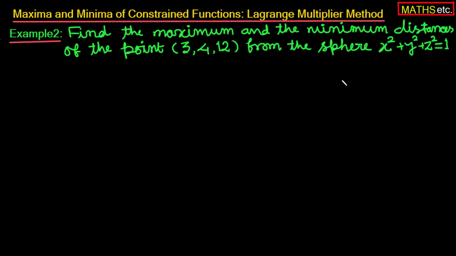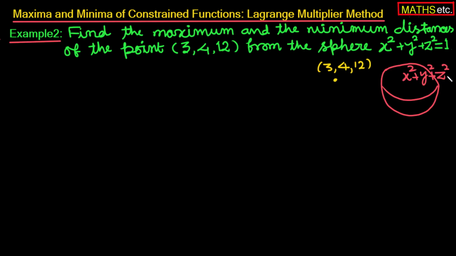So we are given a fixed point in space, and suppose this is the point (3, 4, 12), and there is this sphere. This is a rough diagram of the given sphere, x squared plus y squared plus z squared equals 1.